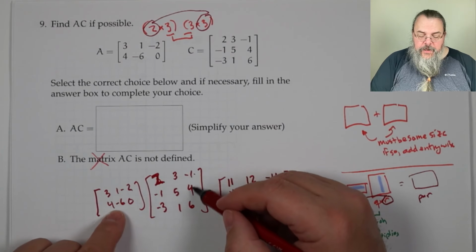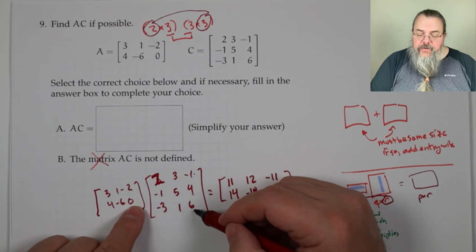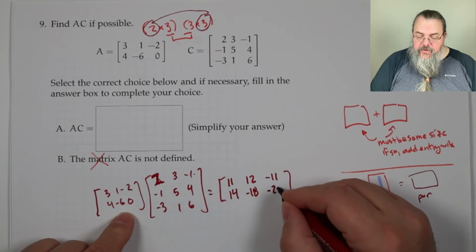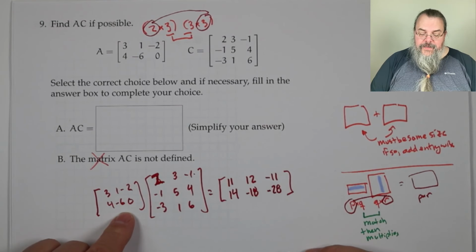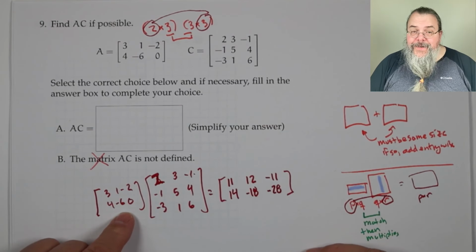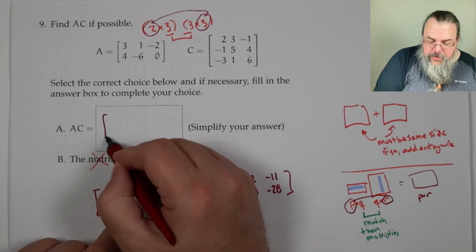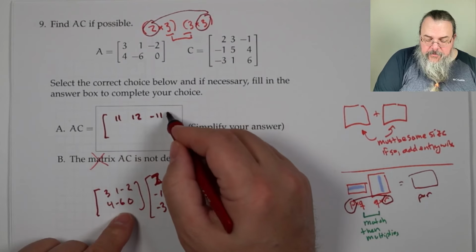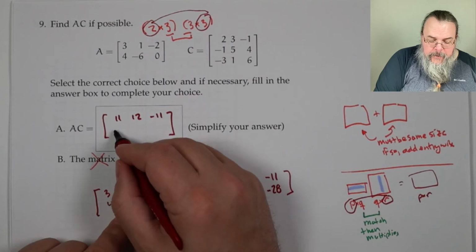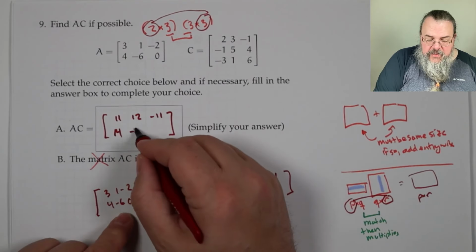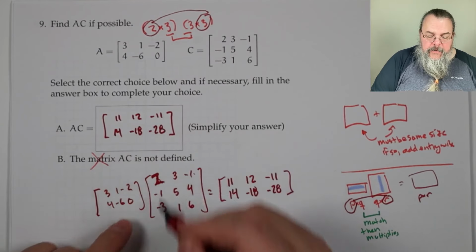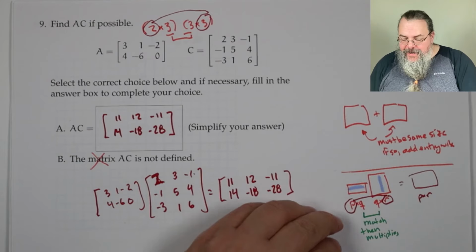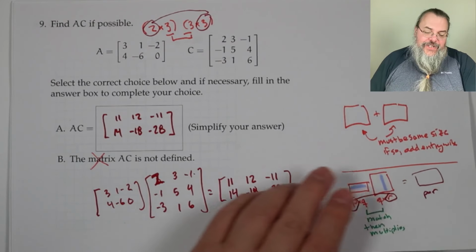Minus 4 minus 24 and 0. Minus 4 minus 24 is minus 28. Okay, and now what do we do? Oh, we just put that in. So we have our matrix, 11, 12, minus 11, and 14, minus 18, minus 28. And there we go. All right, and that's matrix multiplication.